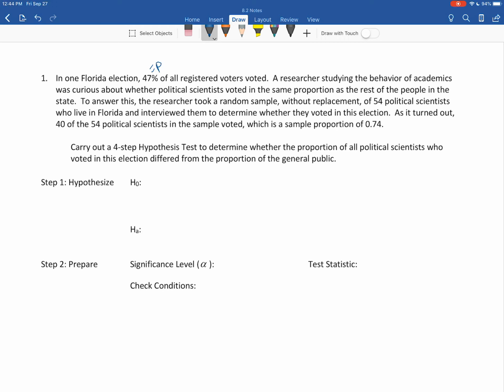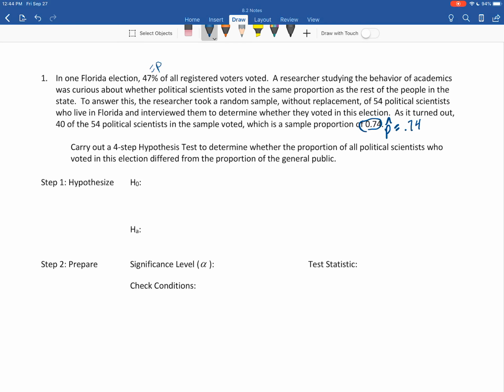As it turned out, 40 of the 54 scientists in the sample voted, which is a sample proportion of 0.74 or 74%. So this is our p hat. P hat is 0.74. That's the percentage from the sample. We're going to carry out a 4-step hypothesis test to determine whether the proportion of all political scientists who voted in this election differed from the proportion of the general public.